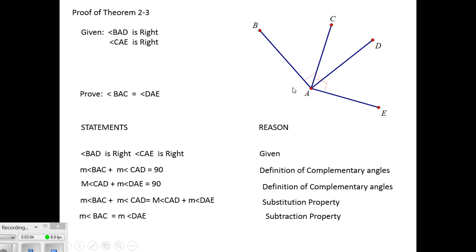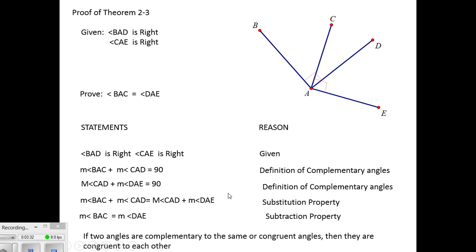Basically, the right angle is comprised of two angles, so complementary angles enter into the picture. Both with this right angle and with the right angle at CAE. Okay, so complementary, then the two things are summed up to 90, so they're both equal to each other by substitution, and then we subtract out the common angle CAD, and we got what we're after.